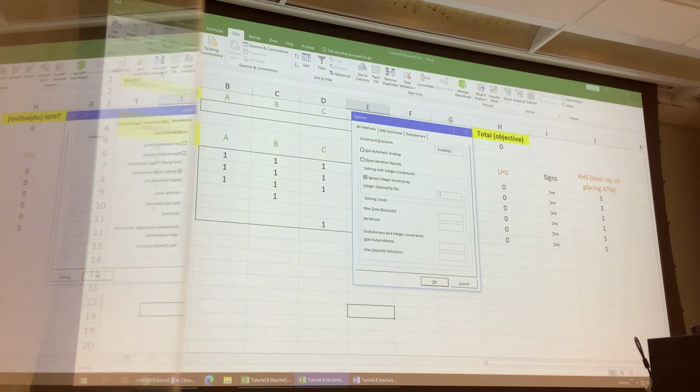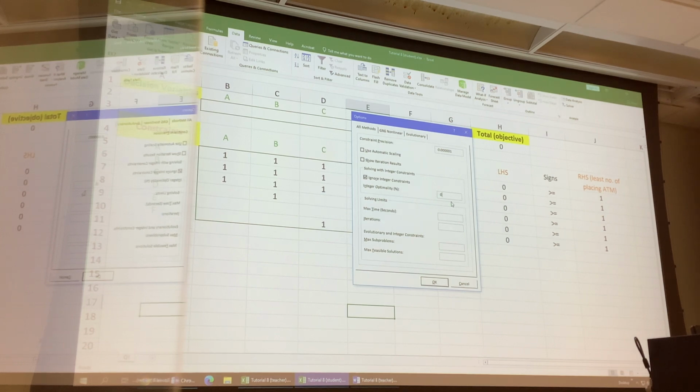We can set this one to 0. Remember to add this one. I think in the lecture it is also mentioned for this one. Integer optimality 0, so that if it is closer to 0, the answer would be more optimal.